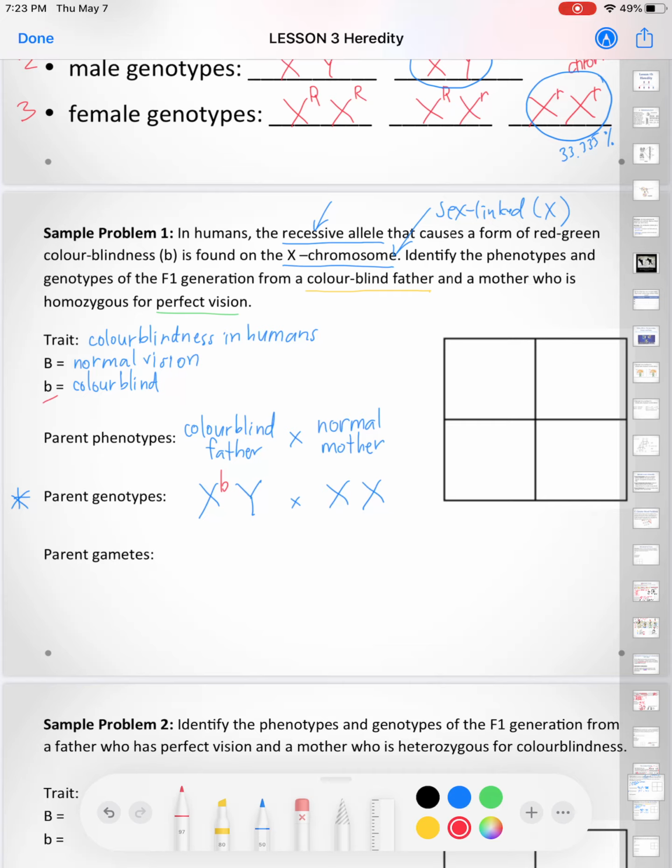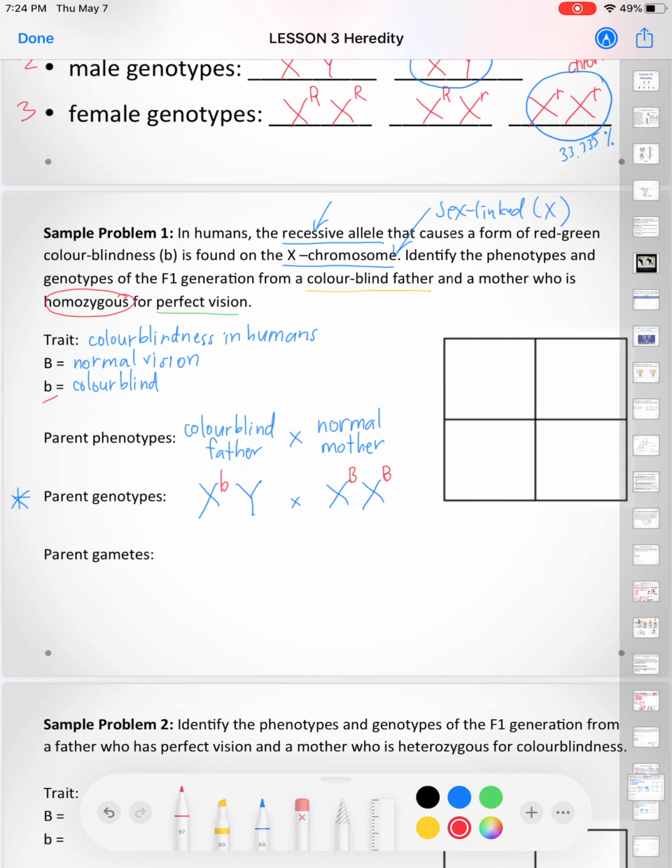And the normal mother, because she's normal, she could either be homozygous dominant normal, or she could be heterozygous normal. Either way, the law of dominance still applies. This is why the question has to tell us that she's homozygous for perfect vision, which means that second allele has to be dominant as well.